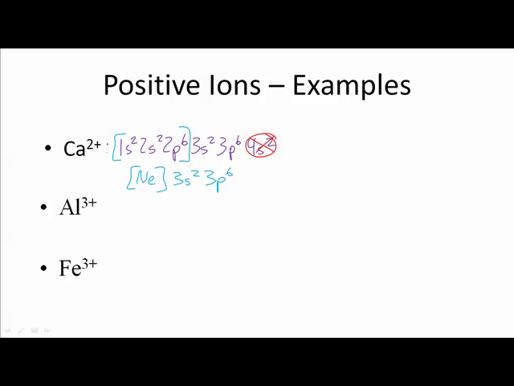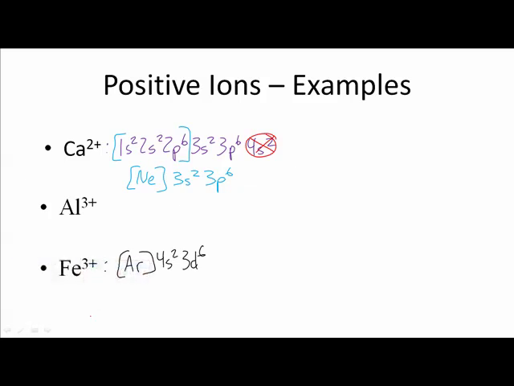The one tricky thing I'll mention before we go, for transition metals, is that when you take away electrons, you actually take away the 4s electrons before the 3d electrons. So iron, we said, was argon 4s2, 3d6.